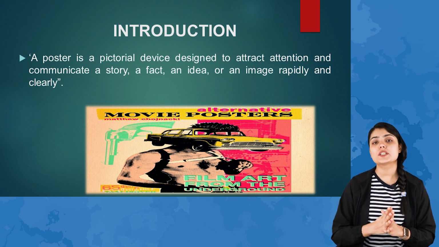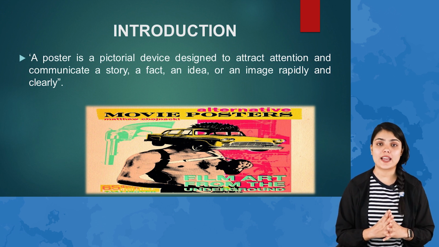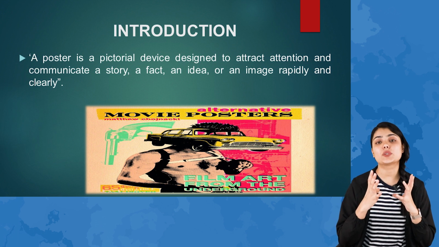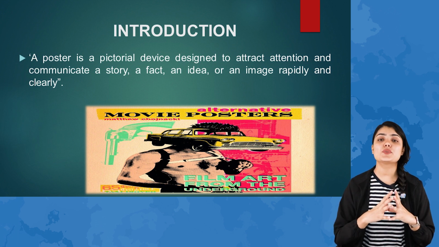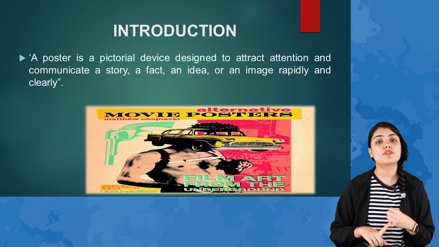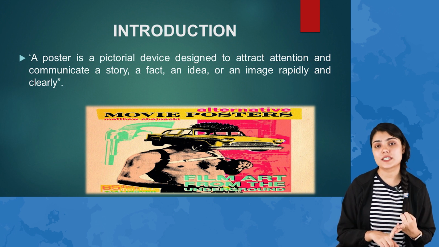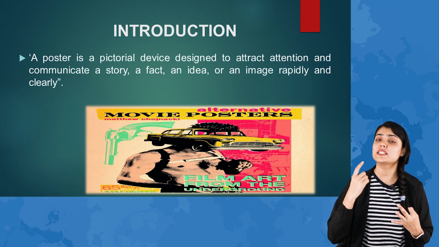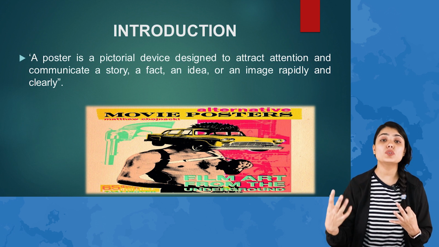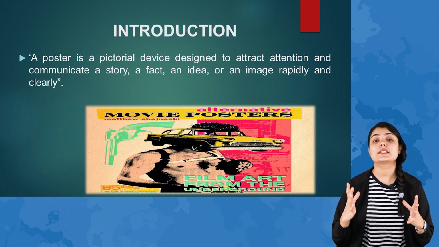So posters are pictorial devices, which means they will have pictures. This is used to grab the attention of the viewers to communicate a certain story, or certain facts, ideas or information to the viewers rapidly and clearly.